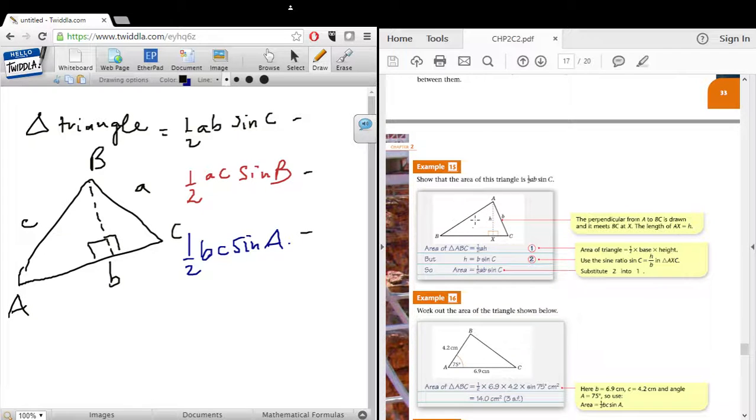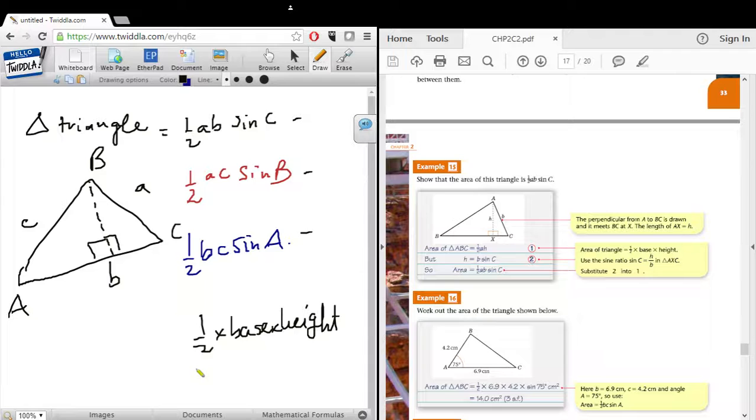We've said a half multiplied by A multiplied by H. Where do we get that from? Well, the area of a triangle is half times base times height.